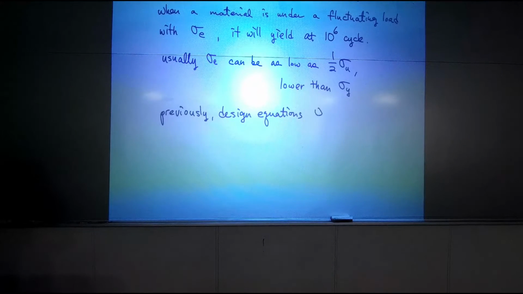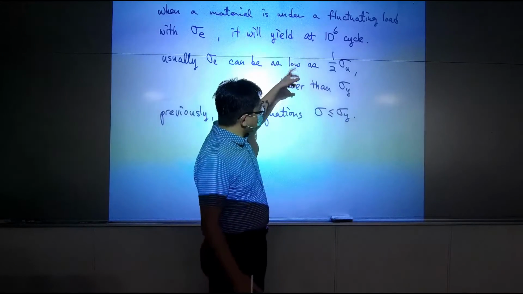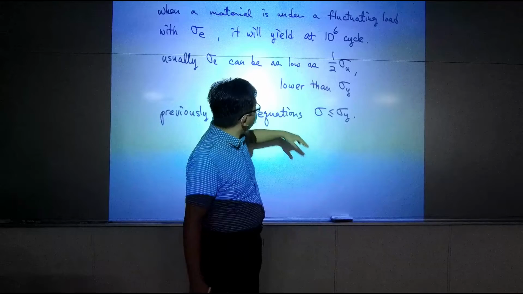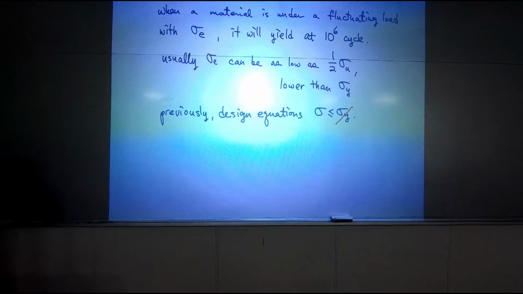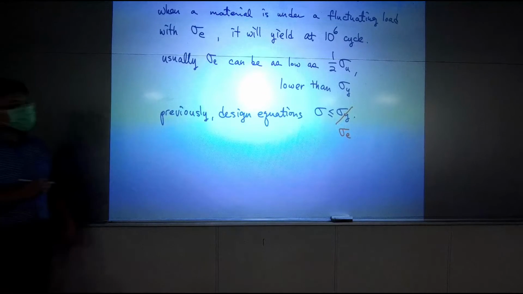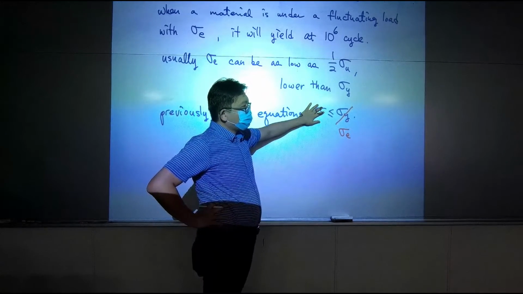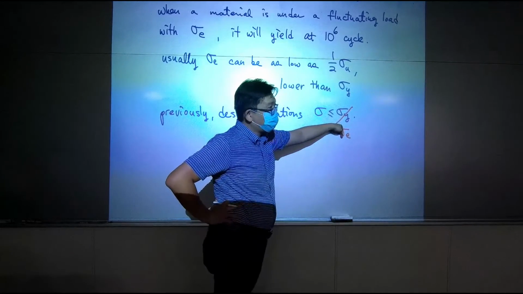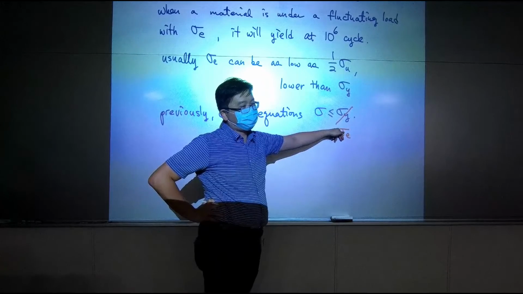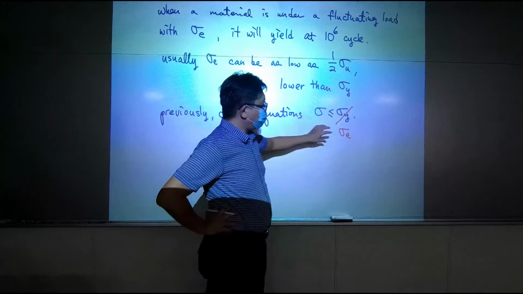For example, our stress needs to be less than the yield strength, the most simple one. When the material itself has a lower strength, that means it drops. My design cannot handle some loading after a certain cycle because the upper limit drops.